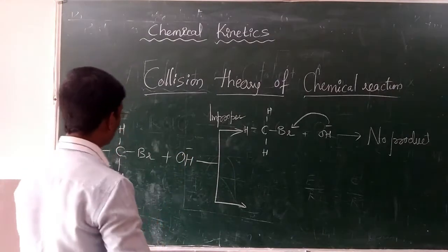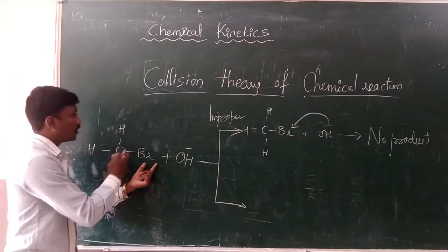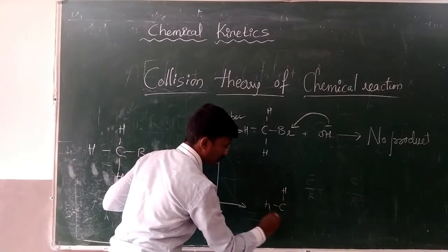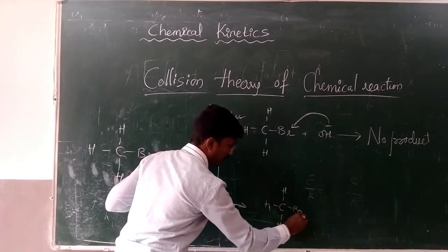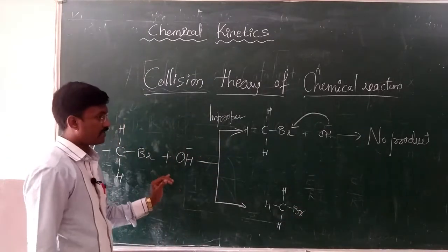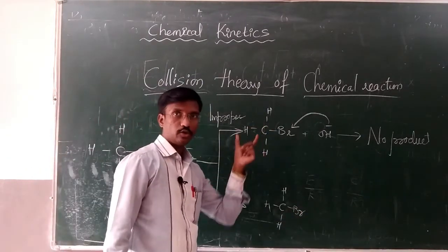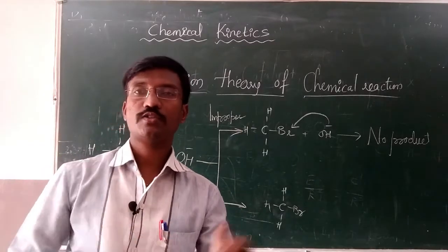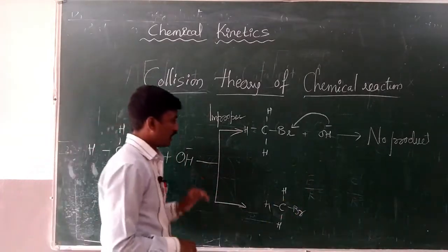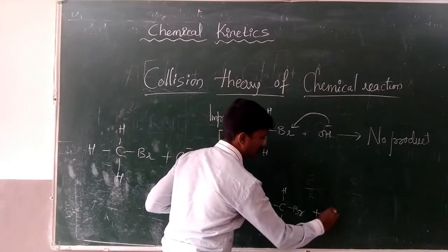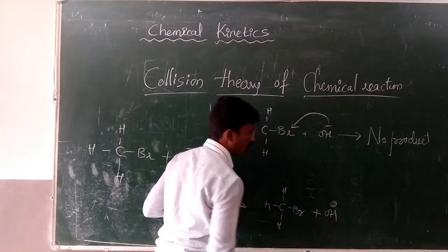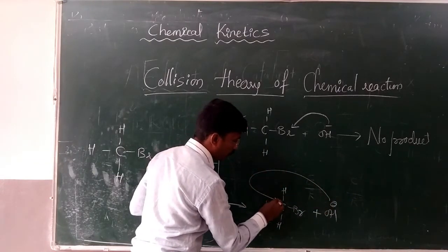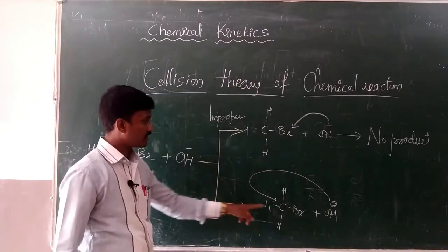So what does the OH have to do to replace the Br? Here, CH3Br. I hope you remember the SN2 mechanism: the nucleophile attaches to the opposite side of the halogen, so that it forms a single-step reaction. Similarly here, the nucleophile OH minus has to attach to the methyl bromide on the side opposite to the Br.